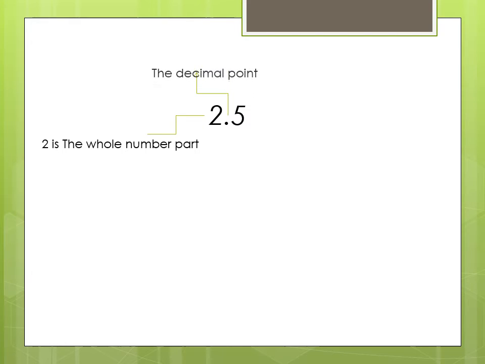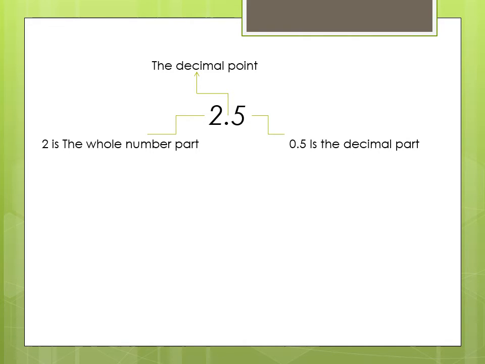Okay, junior 4. Let's know more about decimals. In 2.5, 2 is considered the whole number part. What about this point? This point is called the decimal point. How about 5?